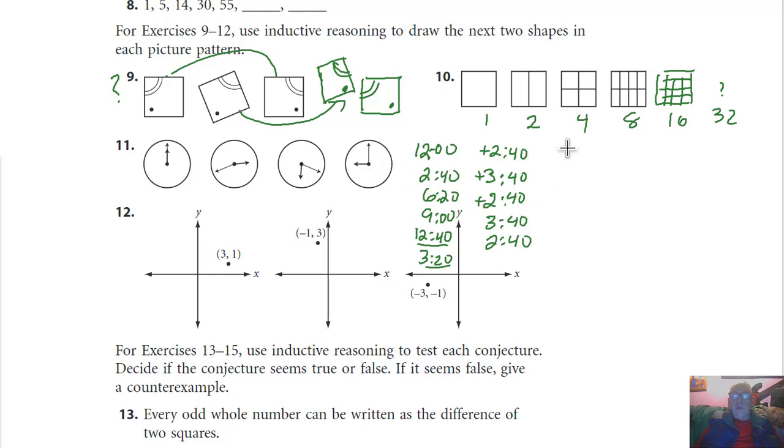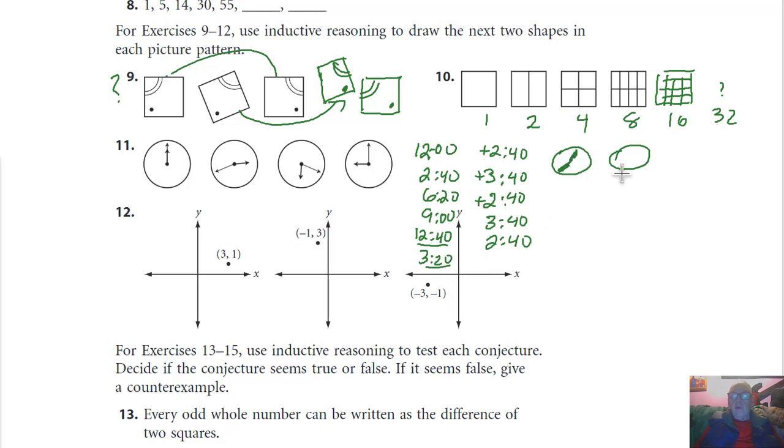So drawing the clocks, we need to draw a 12:40. So 12:40, it's going to be a little bit after the 12, and it's going to be like over here to the 40. Something like that.